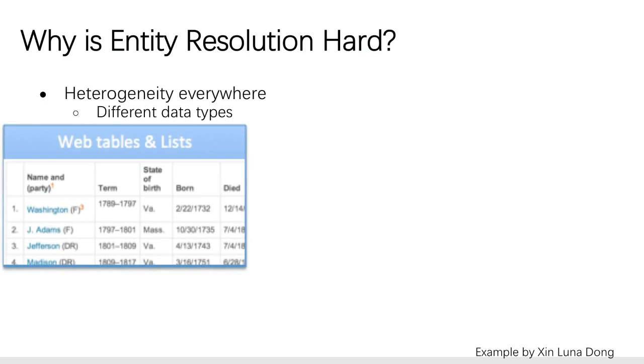There are also other challenges, because we need to deal with different data types or modalities. For example, we could pose the entity resolution problem where the data is given in web tables or lists, where every record or most of the records conform to some kind of schema.